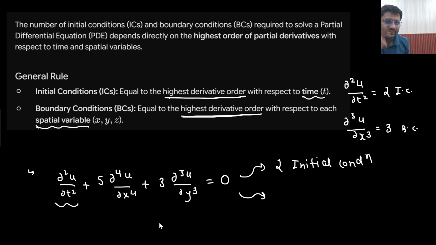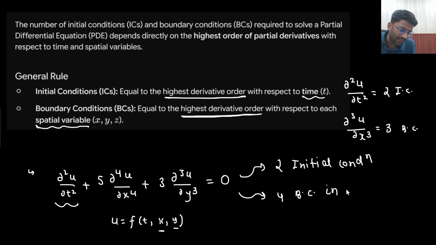Sir, how many spatial coordinates are there? Sir, u is a function of time t, x and y. So x and y are different spatial coordinates. That means your variable u will be a function of x and y, and you need to calculate with respect to x and with respect to y. In the x direction you are differentiating a maximum of 4 times, that means 4 boundary conditions in the x direction.